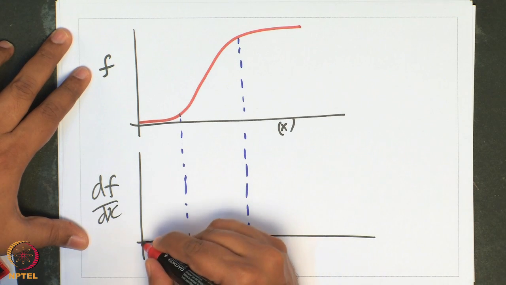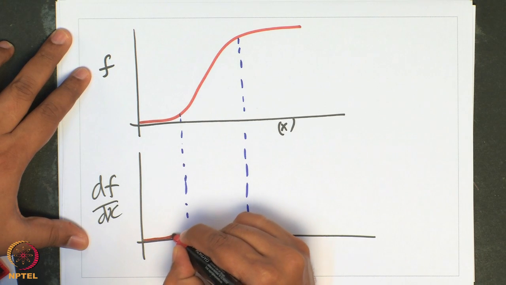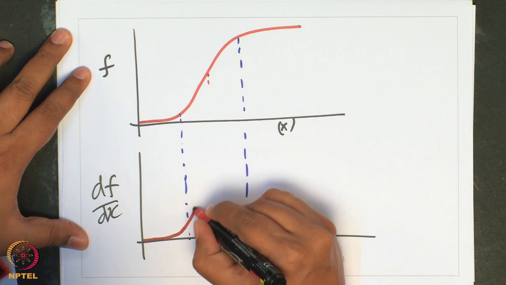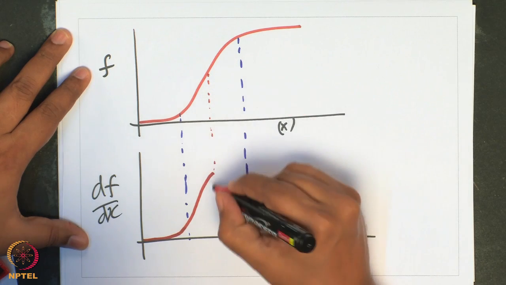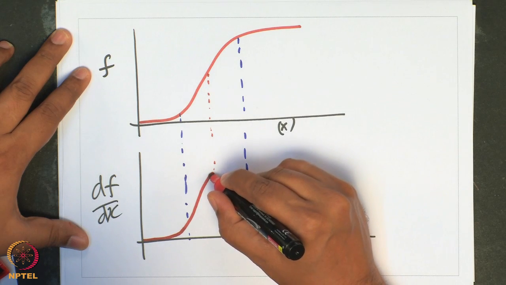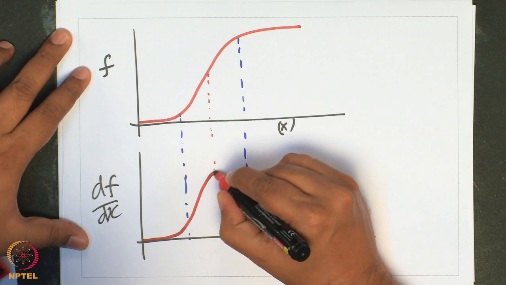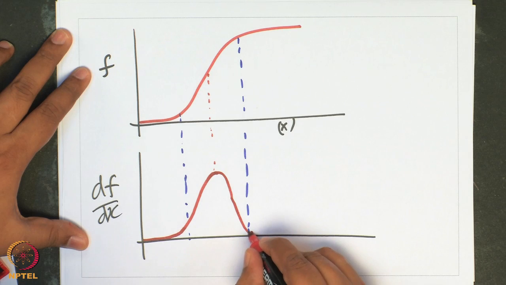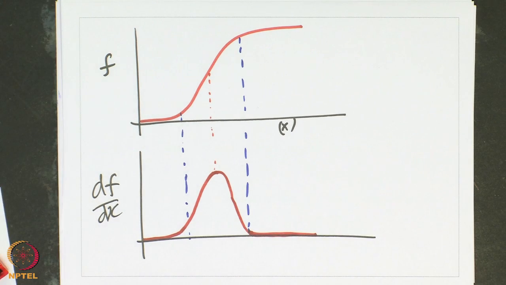Therefore, if I plot the derivative, early on it will be 0, but it will slowly pick up, and somewhere here you will have the maximum derivative because it is a smooth function, not a straight line. Again it will hit 0 here. It has to reduce and come down nicely to 0, and then it will stay closer to 0, slowly reaching 0. So, something like this.